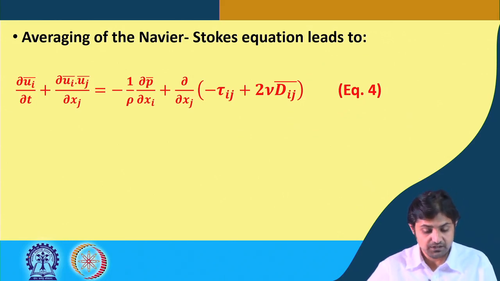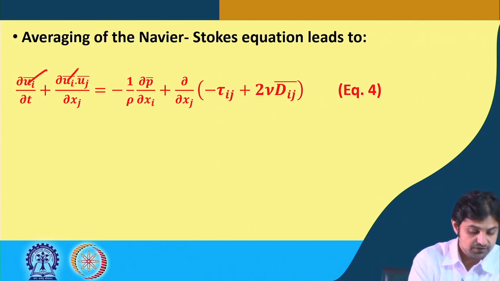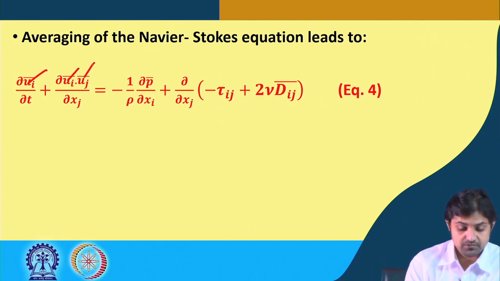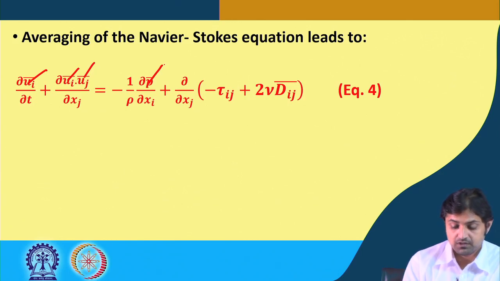We are going to get an equation like del ui by del t whole bar, del ui bar, del uj bar. If you see, this is an average term, this is an average term, and this is also an average term, right?